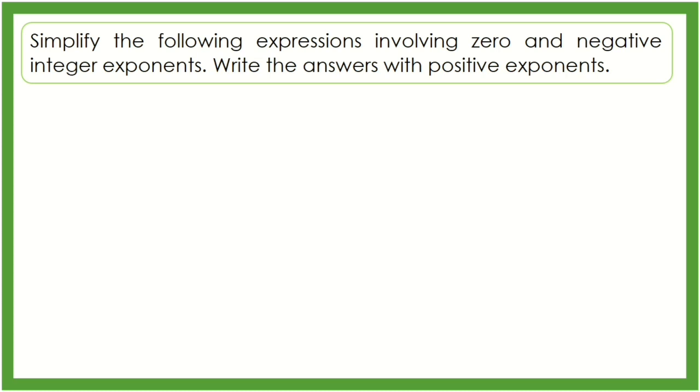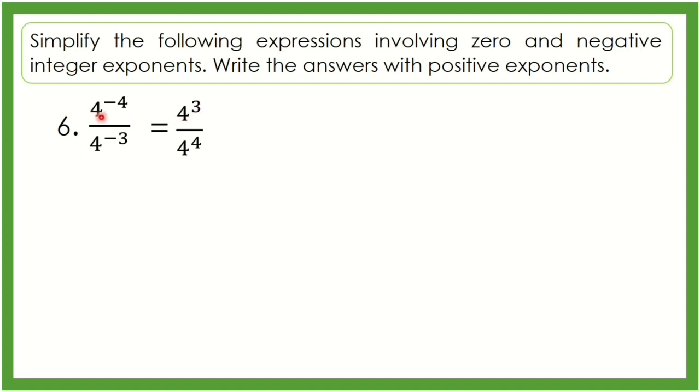Okay, another examples. Number 6. 4 raised to negative 4 over 4 raised to negative 3. Okay, apply natin dito yung negative exponent. Okay, so 4 raised to negative 3 sa denominator, mapupunta siya sa numerator, magiging 4 cube.